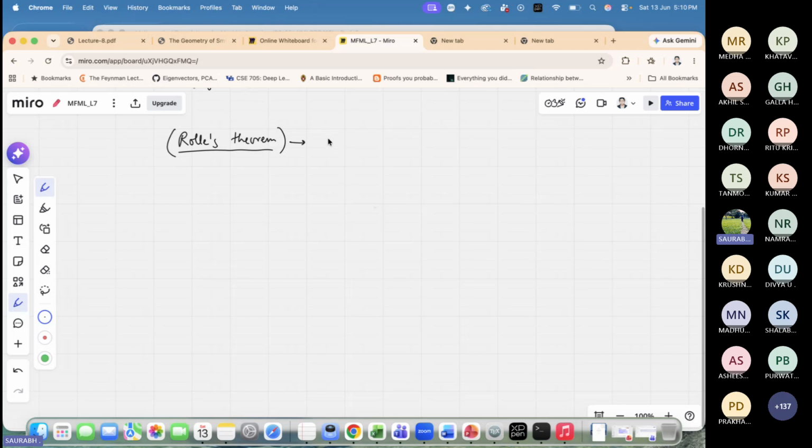It has three conditions. The first condition is if a function is continuous in the closed interval a and b. I'll tell you about these basic things, what it means.